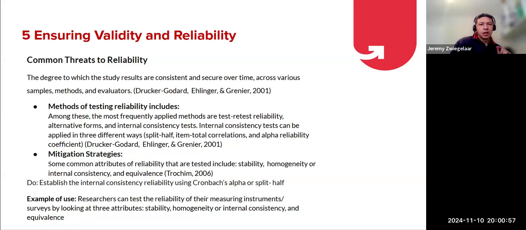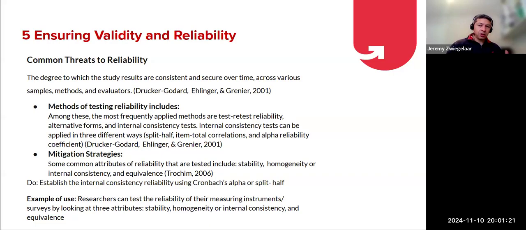So what we do is something called test and retest reliability. And this is just using a different format or form of the same kind of questions. So we might ask the questions and then change them slightly in terms of the questions themselves and see whether or not we get similar responses.